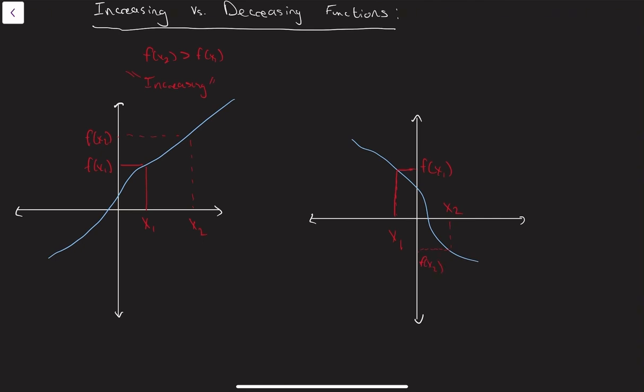Now, if the next point, x2, which is following after x1, has f of x2 less than f of x1, the function is said to be decreasing. This makes sense intuitively, but this is just a formal definition for you.